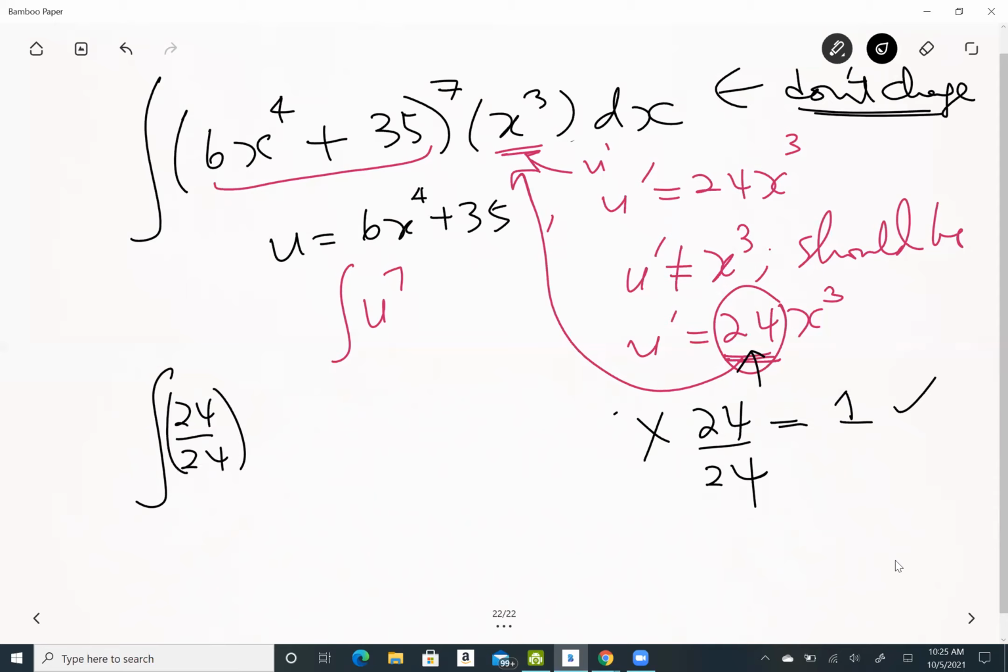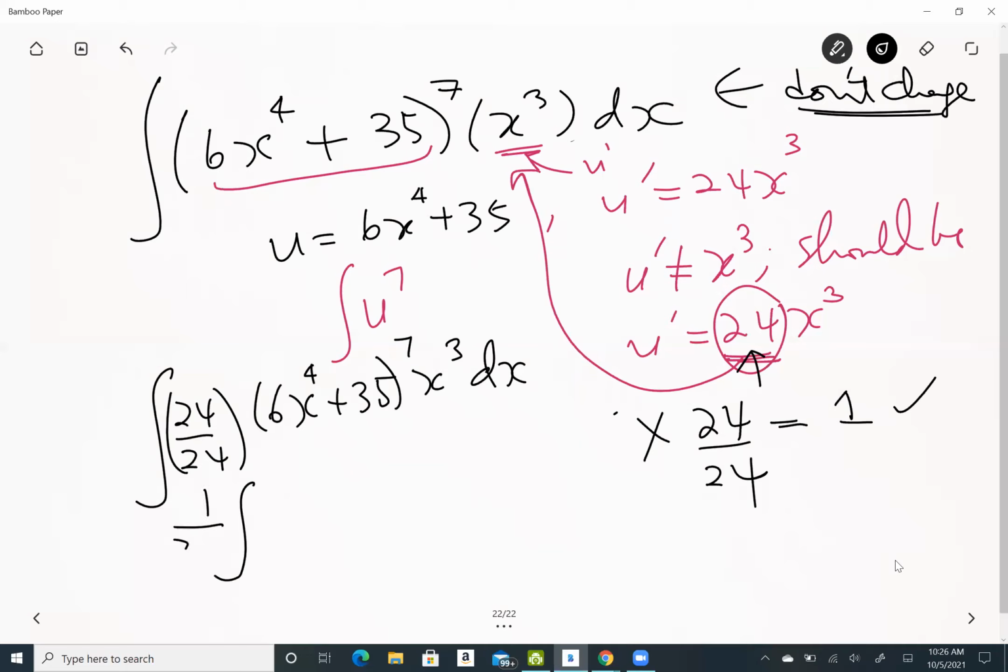Then I have 6x to the power of 4 plus 35 to the power of 7, x cubed dx. U prime is 24x cubed, so we rearrange the 24 over 24. The numerator goes with the x cubed, and the denominator 1 over 24 is just a constant, so you bring it out.